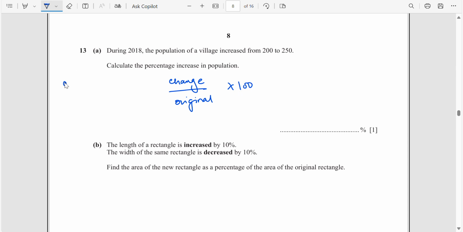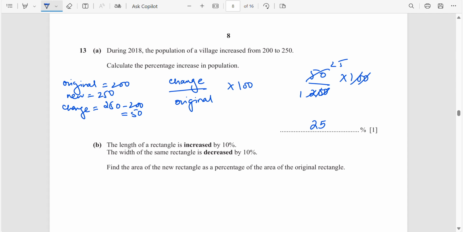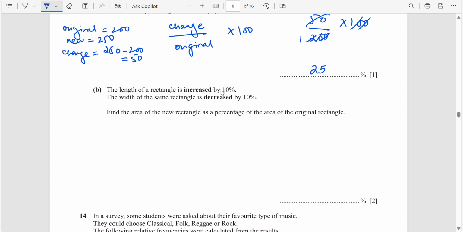So here our original is 200, our new is 250, and our change is 250 minus 200, which is 50. So 50 divided by 200 into 100. So you get 25%.